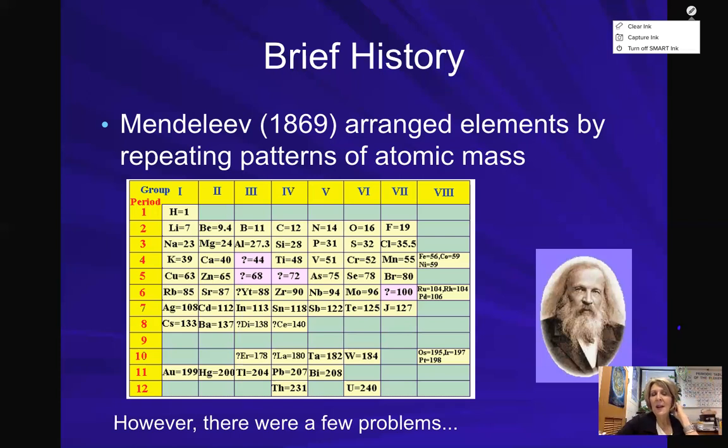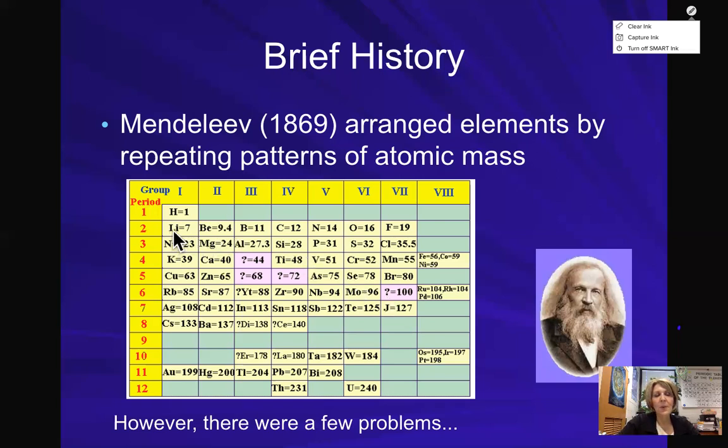And there was a guy named Mendeleev, a Russian named Mendeleev, who arranged the periodic table by atomic mass. So he put the lightest elements first, and then he started filling in with heavier and heavier elements. And he noticed that there was a repeating pattern of how these elements acted.